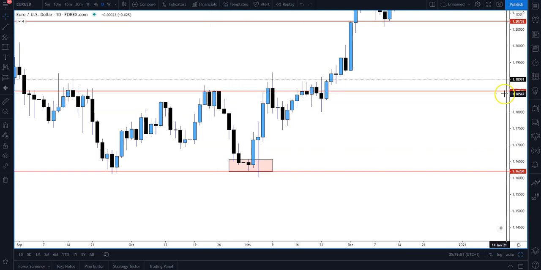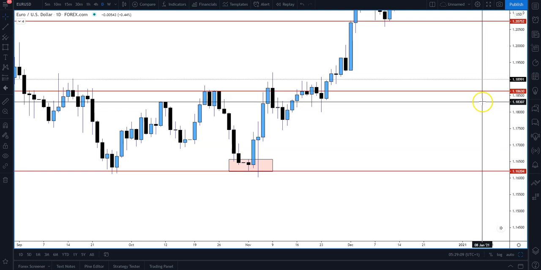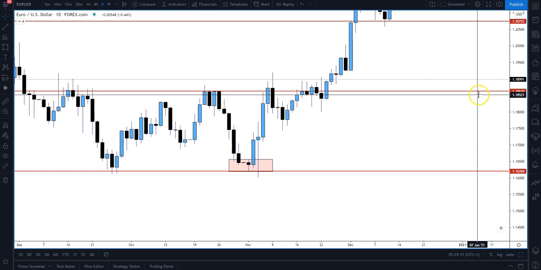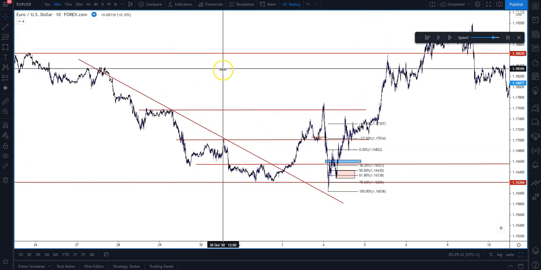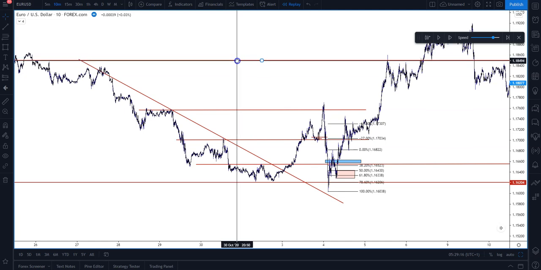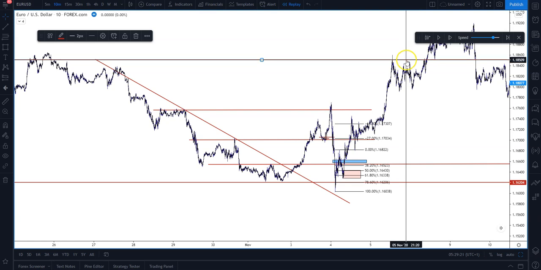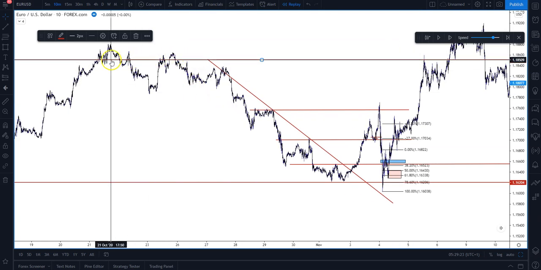This is a nice little quarter point. 1.18500. If we're looking for that, we got it around this zone here. Look at how it touched it. This is the order block right here.